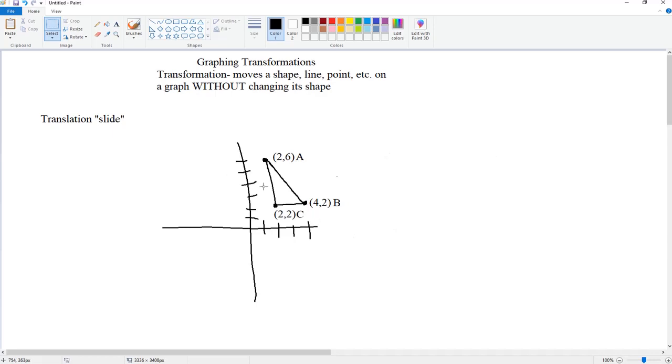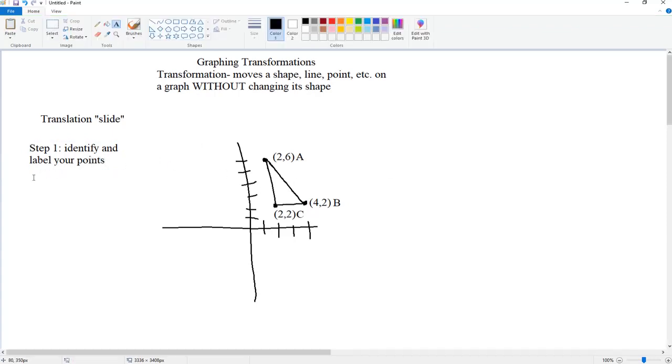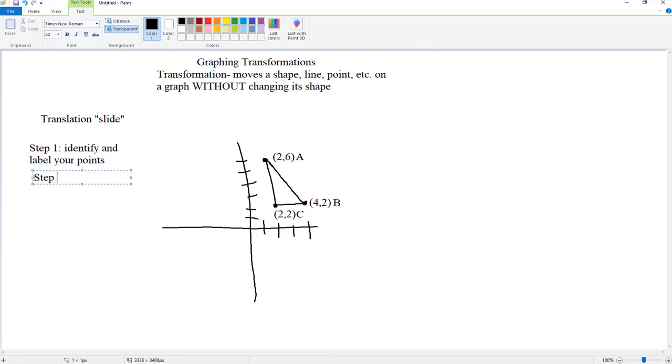Now that I have all my points, step one here would be to identify and label your points. We did that. That's step one. Step two is to follow this equation. If you can figure out what this equation is and really master how to do this, translation will be nothing.